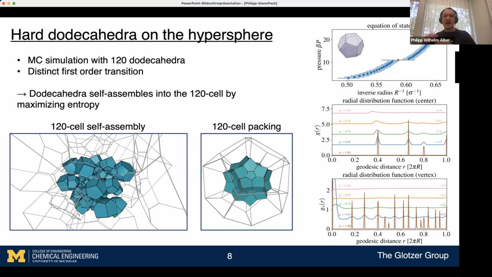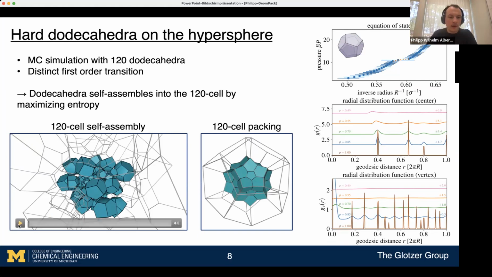For this, I first started with dodecahedra. So I placed 120 dodecahedra on the surface of a hypersphere, so a curved surface, and then slowly compressed the system.